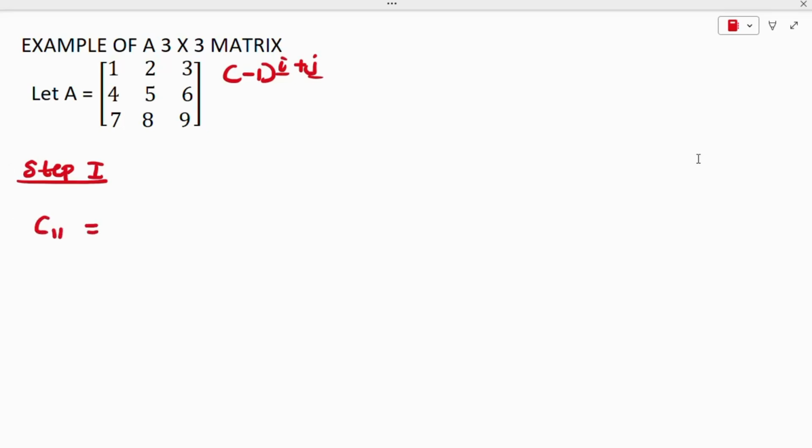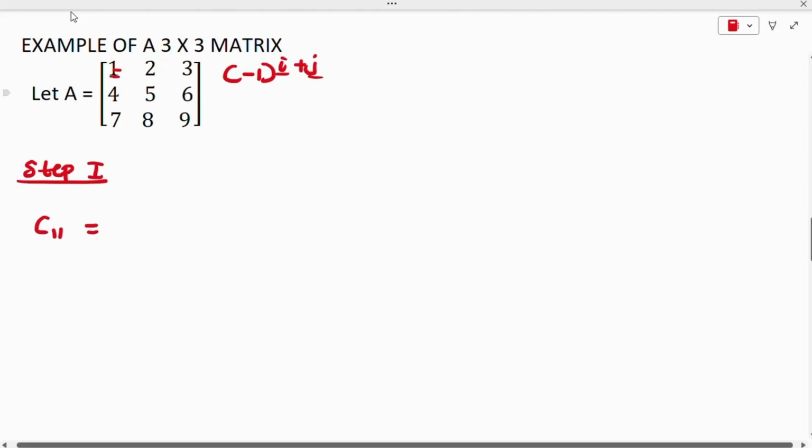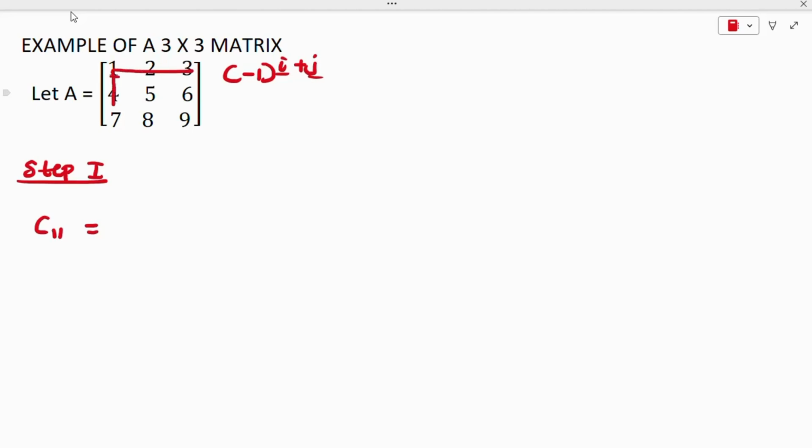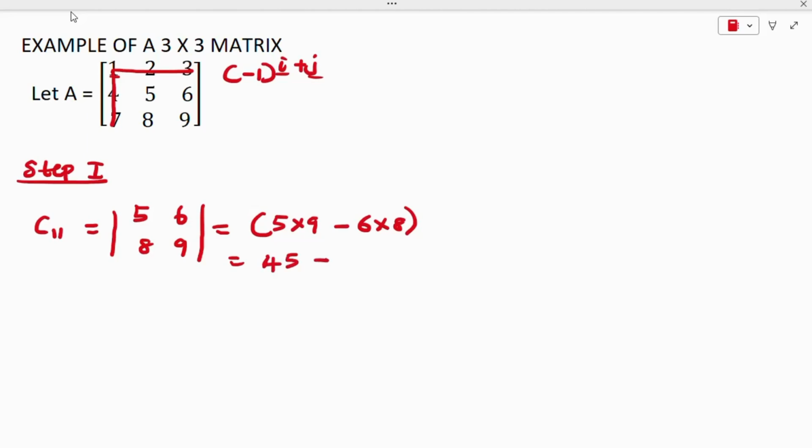The first thing we start with is C11. For C11, this row is going out and this column is going out, so we have 5 6 8 9. We look for the determinant, which is 5 times 9 minus 6 times 8. 5 multiplied by 9 is 45, minus 6 multiplied by 8 is 48, which is minus 3.